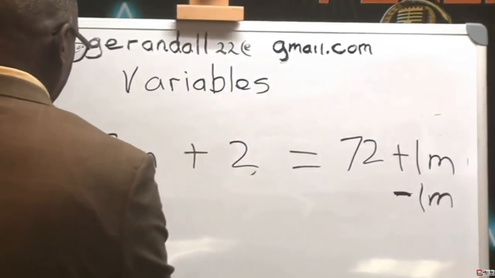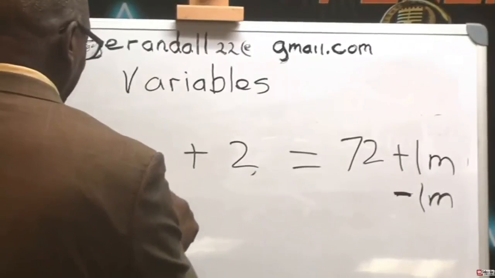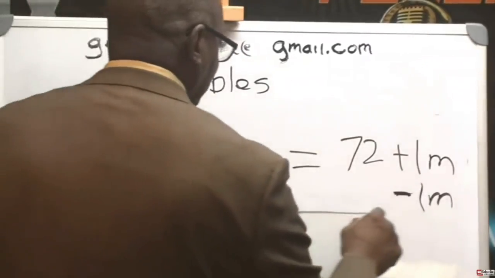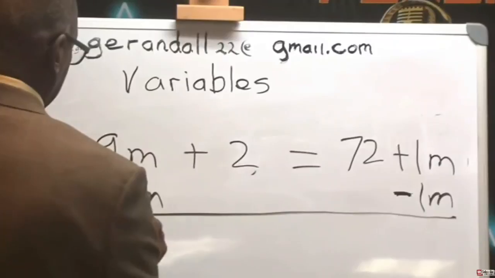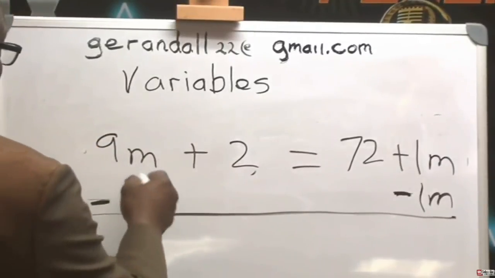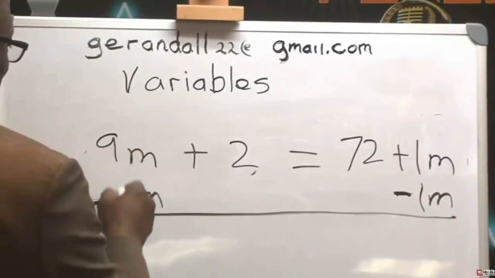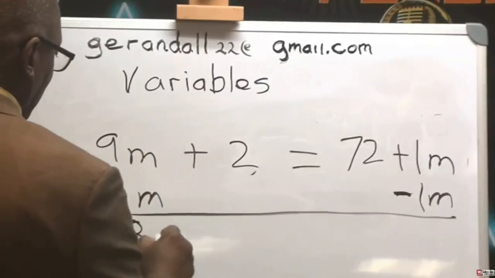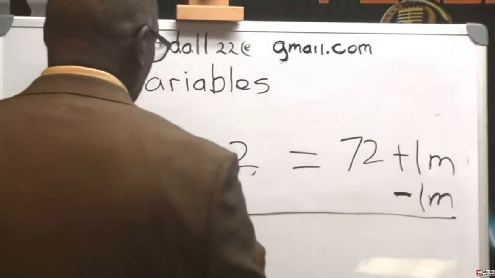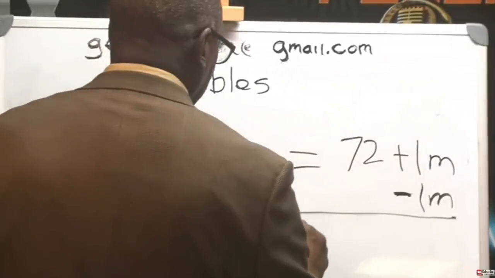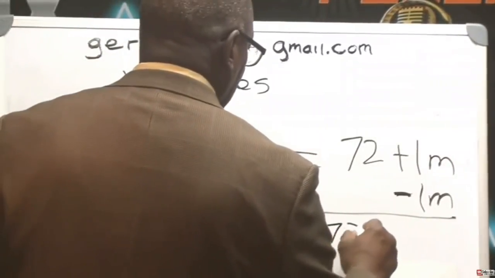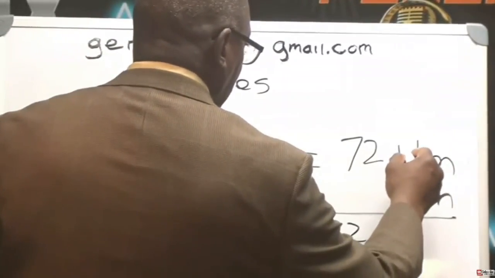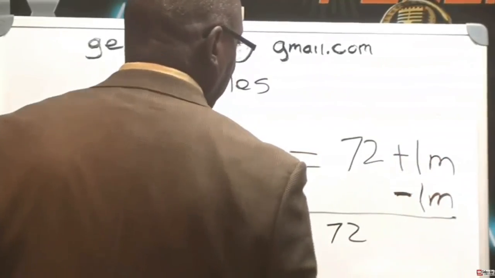Got to bring it over here. Subtract 1m. You draw a line. Even though you have a variable, 9 minus 1 is 8. 8m plus 2 equals 72. Because over here, plus 1 minus 1 is 0. So that's gone.